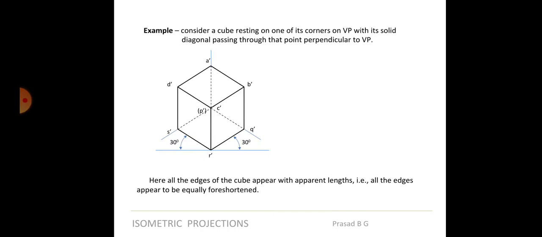It is not that for one length it will change. When the whole object is inclined at 30 degrees, whatever the object you are drawing, the lines will be correspondingly reduced by a particular constant value. Now how much is that length that is varying? That we have to see in the next slide.